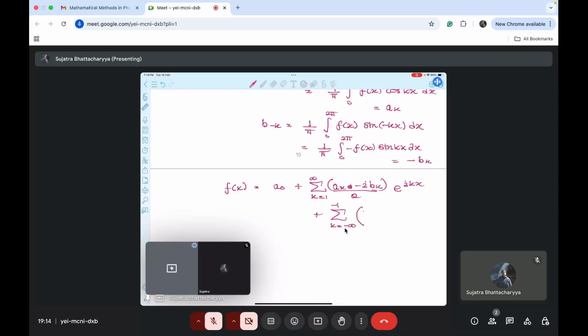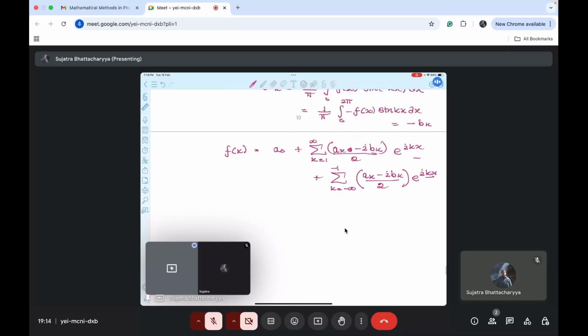A of minus k is ak, b of minus k is minus bk. Both are e to the power iota kx, so we generalize it, combining the sum from minus infinity to infinity, but k not equal to 0. See, we don't have 0 here. So it will be ak minus iota bk by 2 e to the power iota kx.